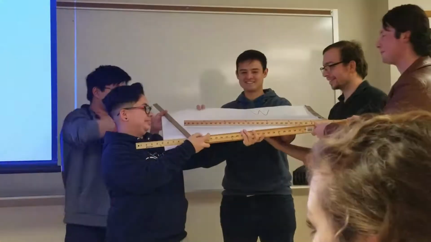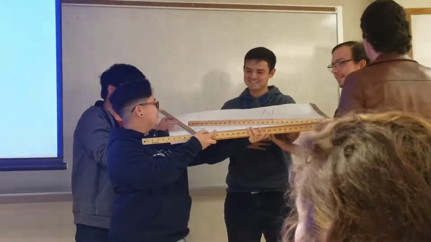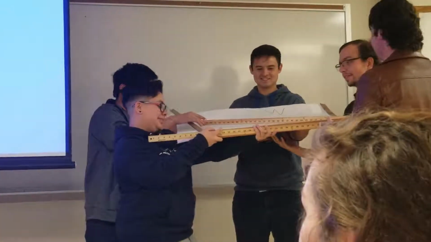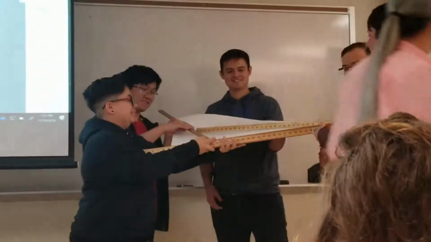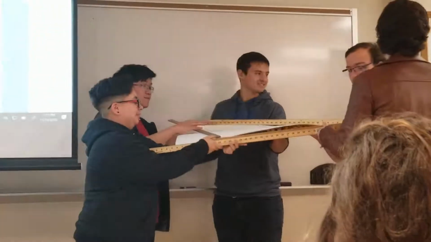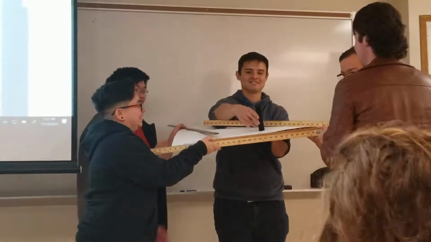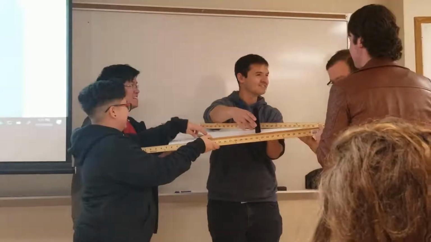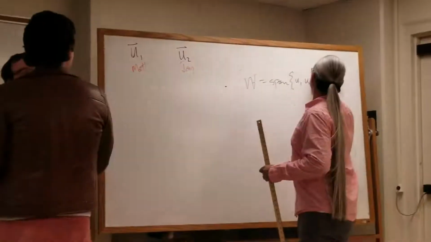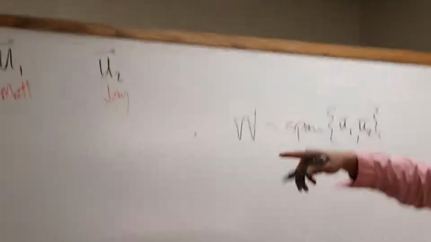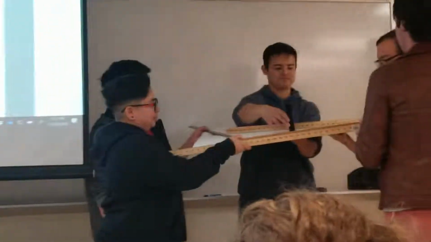So now that we see the plane at a little bit more of an angle, we can introduce another vector. Well, let's say we don't have a normal vector yet. So we have W right now. W equals the span of U1 and U2. And all these other vectors are on the plane, so I can pick any of them as long as they're not linearly dependent.